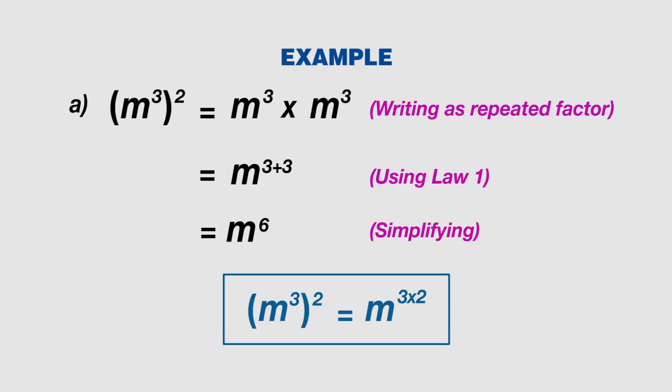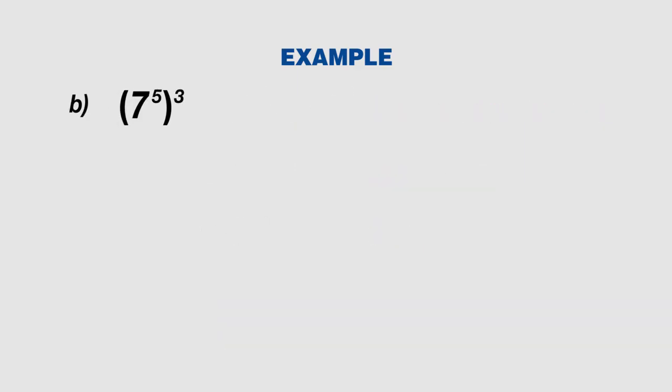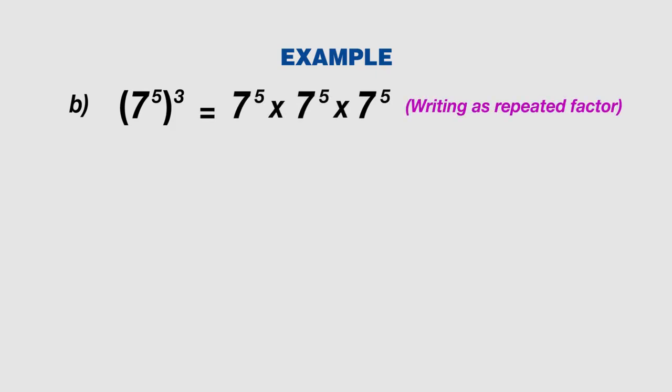Another example is 7 raised to the power 5 all cubed. That means we are multiplying 7 raised to the power 5 by itself 3 times. We can use the first law to work this. I hope you remember, we take the base. Because we are multiplying, we add the powers.